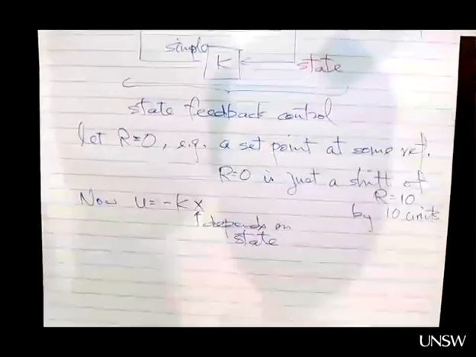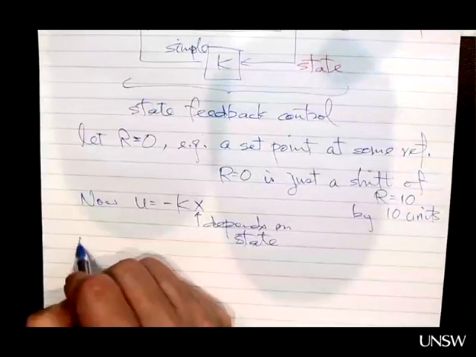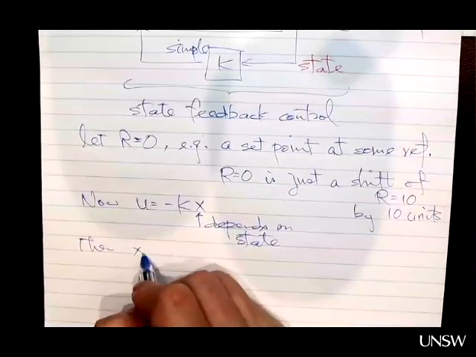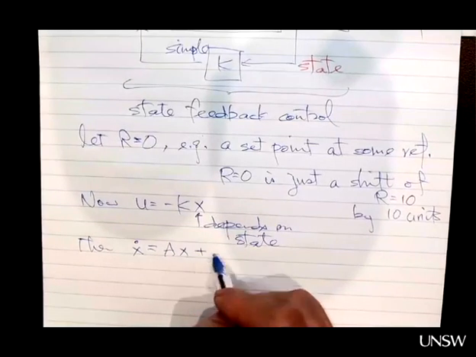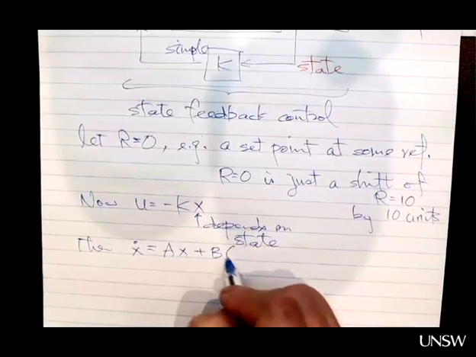Then x dot equals Ax plus B times minus Kx.